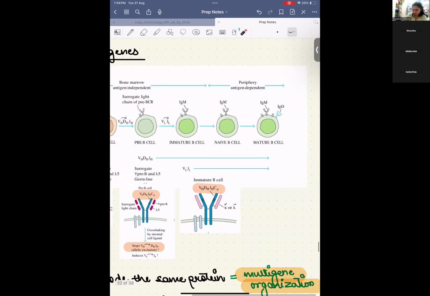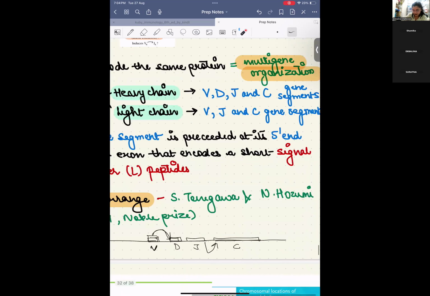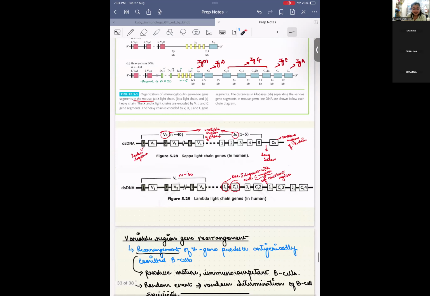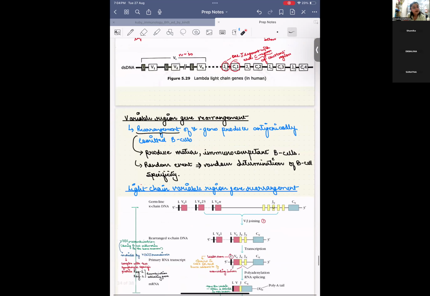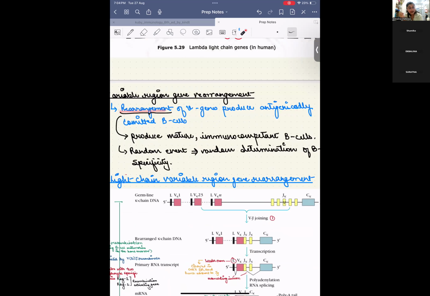Okay. So coming back here, regarding this rearrangement of the variable region genes, we did not say anything about constant region rearrangement, because in the light chain it does not make meaningful sense, since it's either kappa or lambda, and that selection has already happened before the variable of kappa or the variable of lambda has joined together.